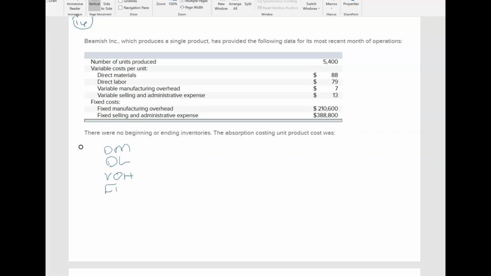So we're also going to do fixed overhead. Direct materials is 88, direct labor is 79, variable overhead is 7, and the fixed overhead is 210,600 divided by how many units? They produce 5,400 units. That's 39.